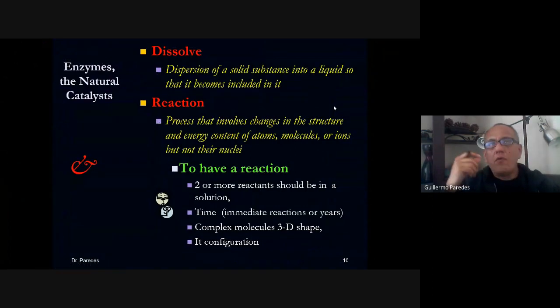All right, so the dispersion of the salt in the water means that the salt is being dissolved. They are going to get apart, right? So reaction. The reaction is going to be two or more substrates, solutes, or reactants that are going to combine and produce a different component.